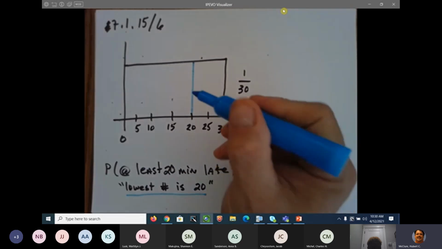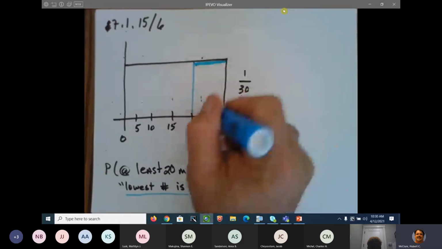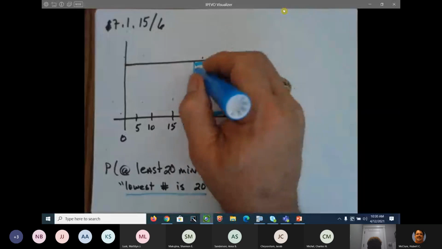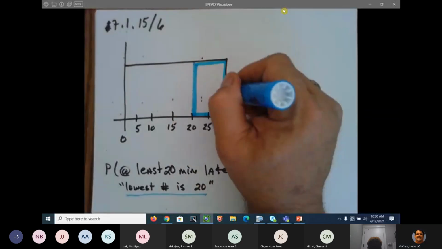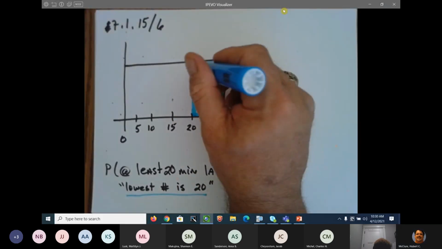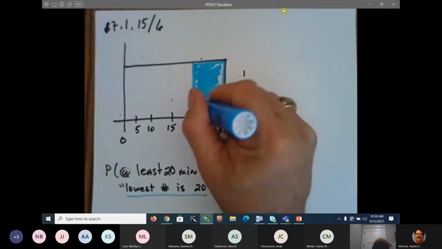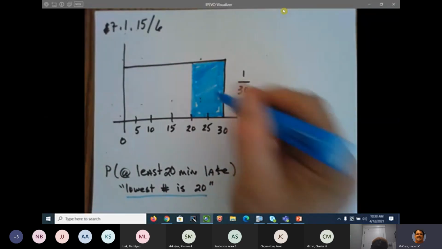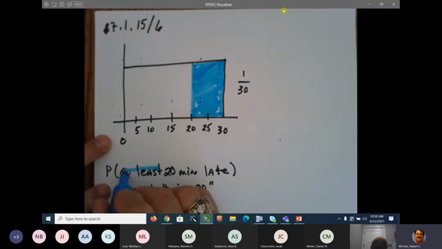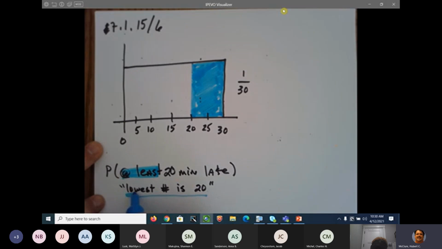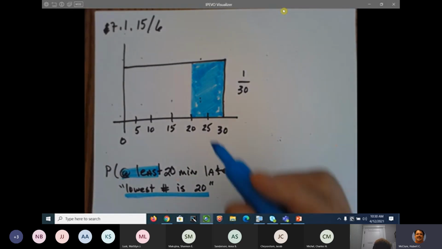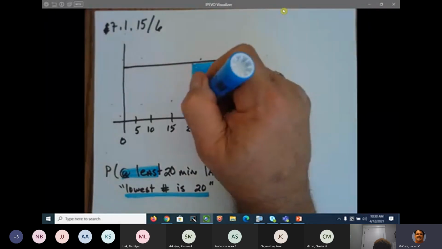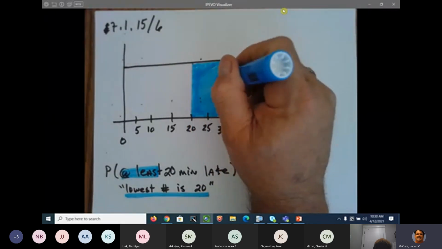So I need this area right here. Because it says at least 20. At least 20 means the lowest number is what? 20. So if the lowest number is 20, that means you're shading the right-hand side. Okay.